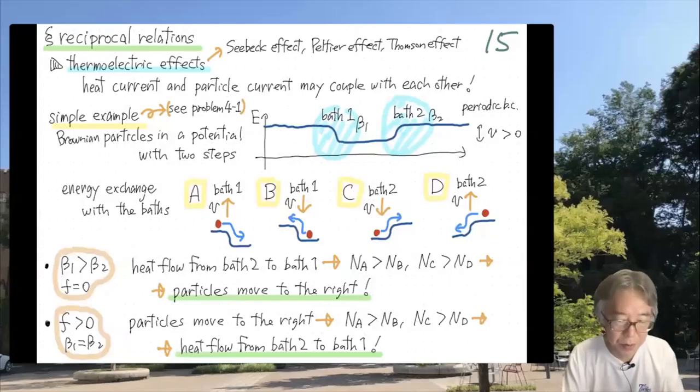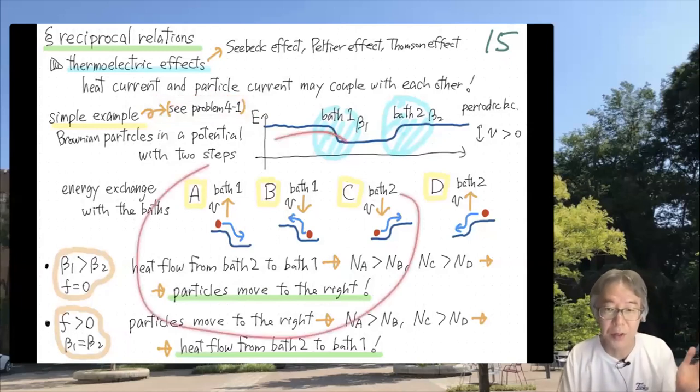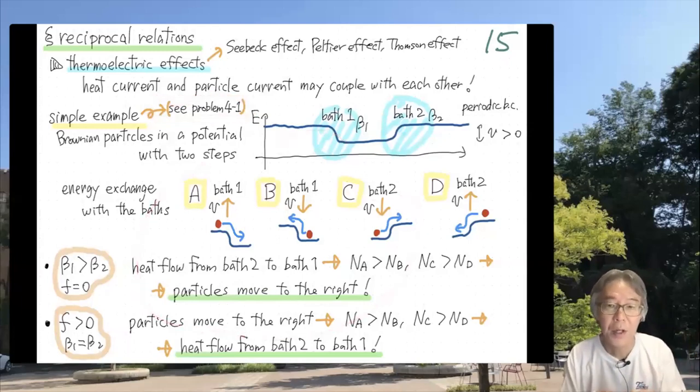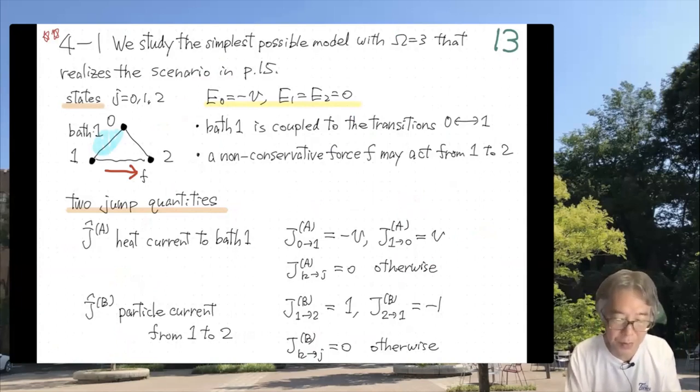Here, let me add this remark, see problem 4.1. The discussion here was a bit vague and abstract, but if you look at this problem 4.1, you will see a concrete example of 3-state in which this idea discussed in page 15 is realized concretely.